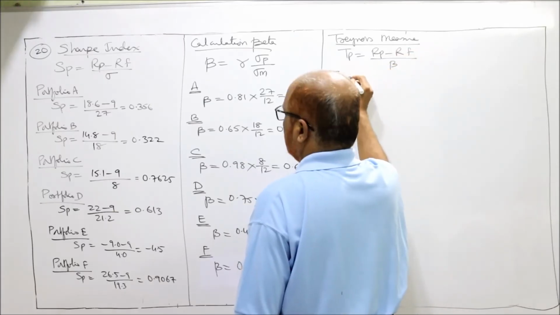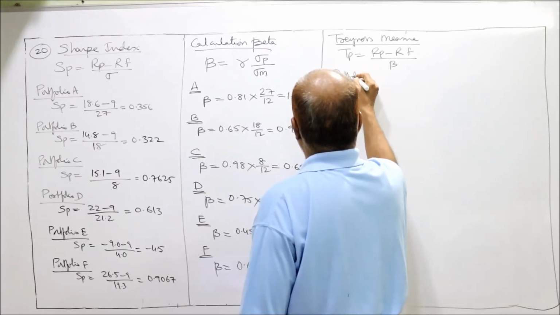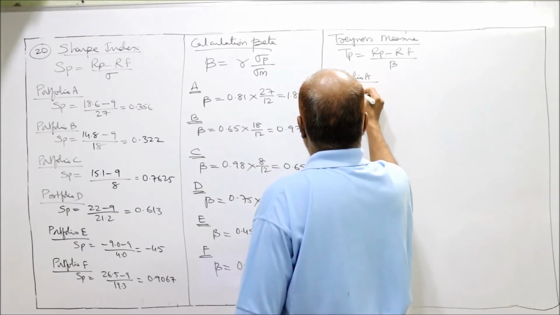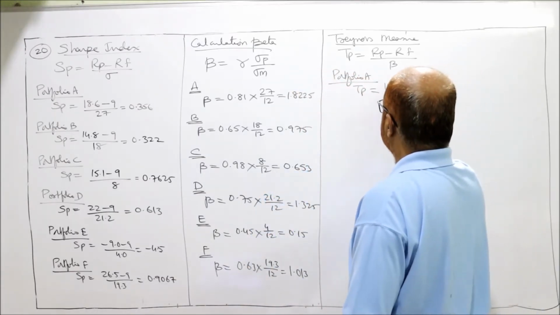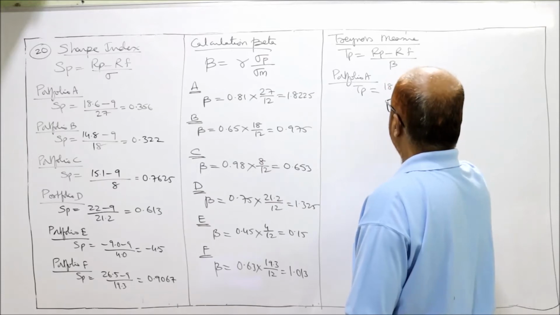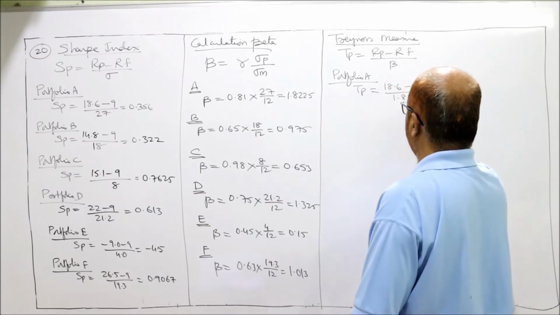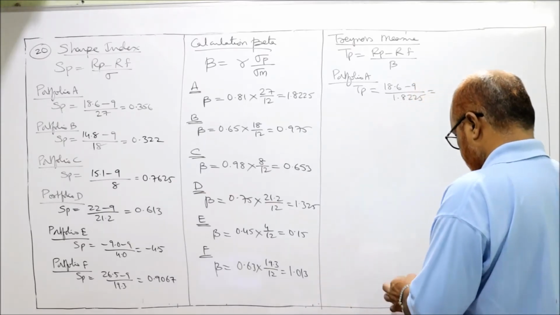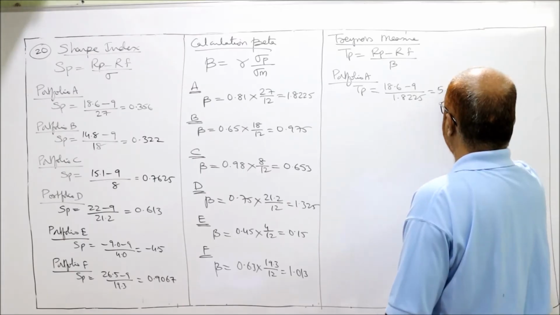So fund A, portfolio A. TP is equal to, what is the RP value? 18.6 minus 9 divided by beta, which is 1.8225, equals 5.267.